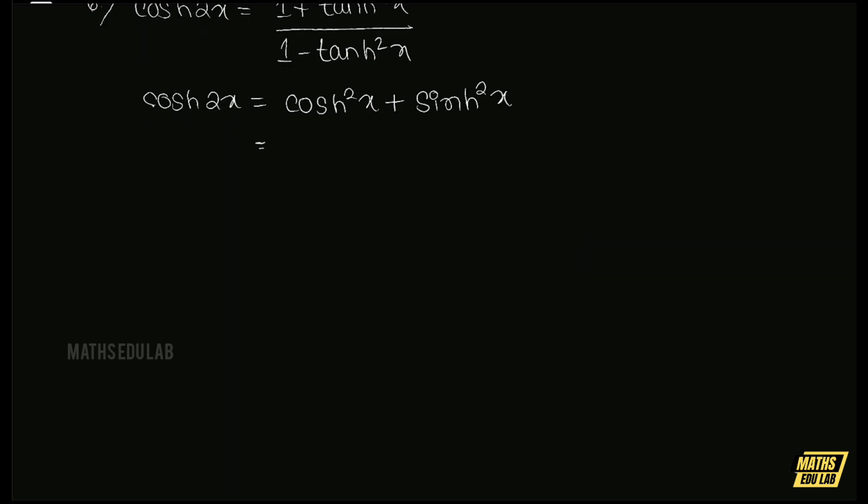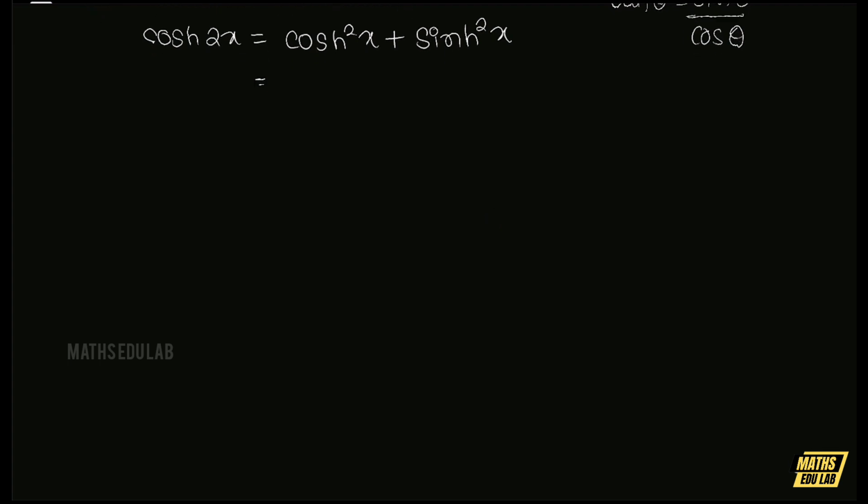Just divide and multiply by cos here, so that we can get the tan value, because we know tan theta is equal to sine theta upon cos theta. So to get that one, we can multiply by cos and divide by cos in this equation, that means on the right hand side.